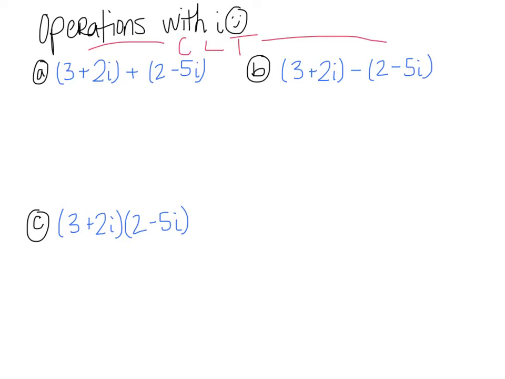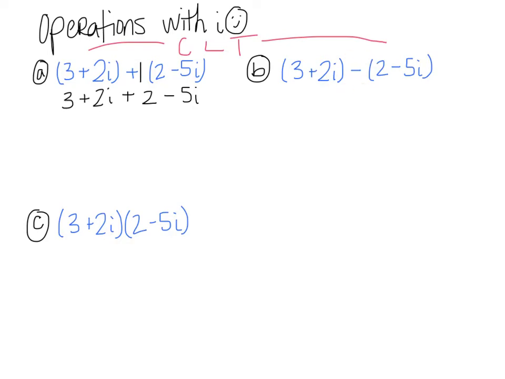Okay, my first question says this is 3 plus 2i plus, and I want you to notice that this is really a 1 that's distributing in here, a positive 1. When that positive 1 distributes in, this 2 is really 1 times 2, which is 2. And this is really 1 times negative 5i, which is negative 5i. Multiplying by positive 1 doesn't change anything, but please keep that in mind for when we get to the problem over here.